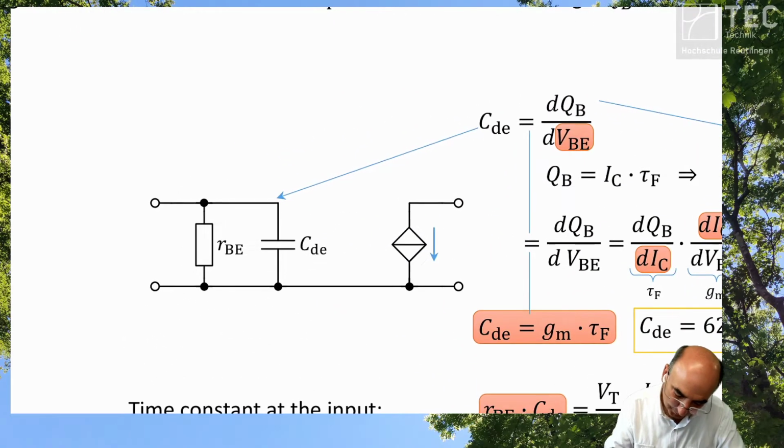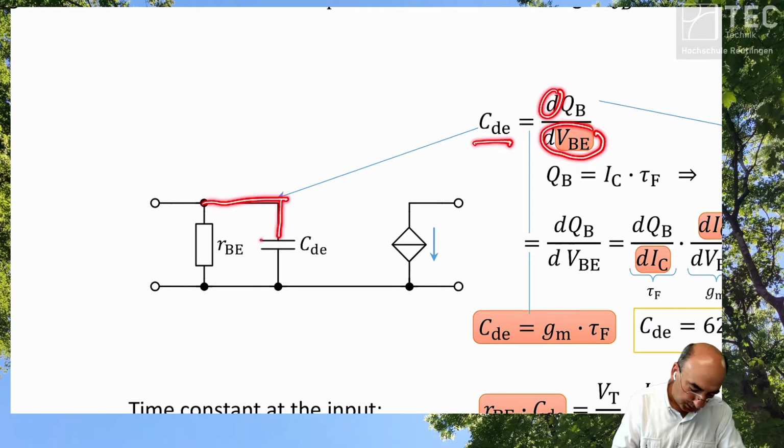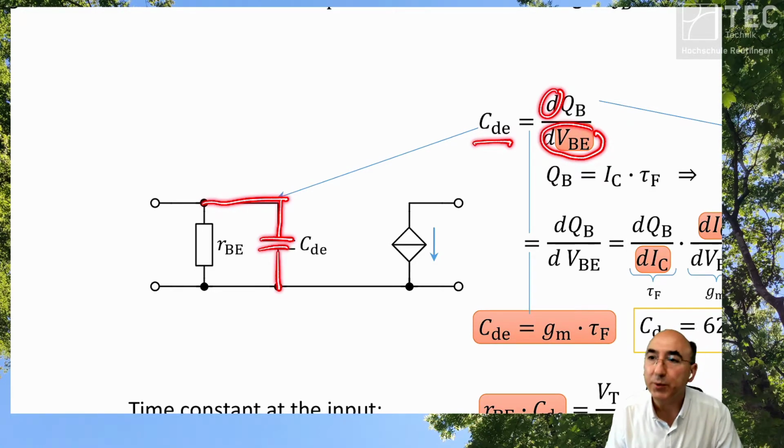So again, you take a charge and consider its change by changing the base emitter voltage. Then you end up having a small signal capacitance. This capacitance you can deposit in the equivalent circuit to the input.